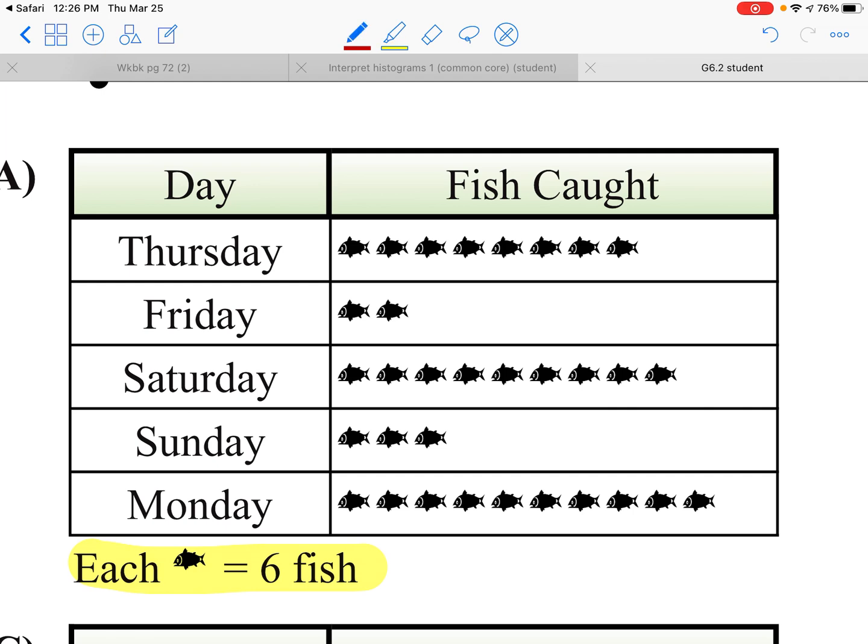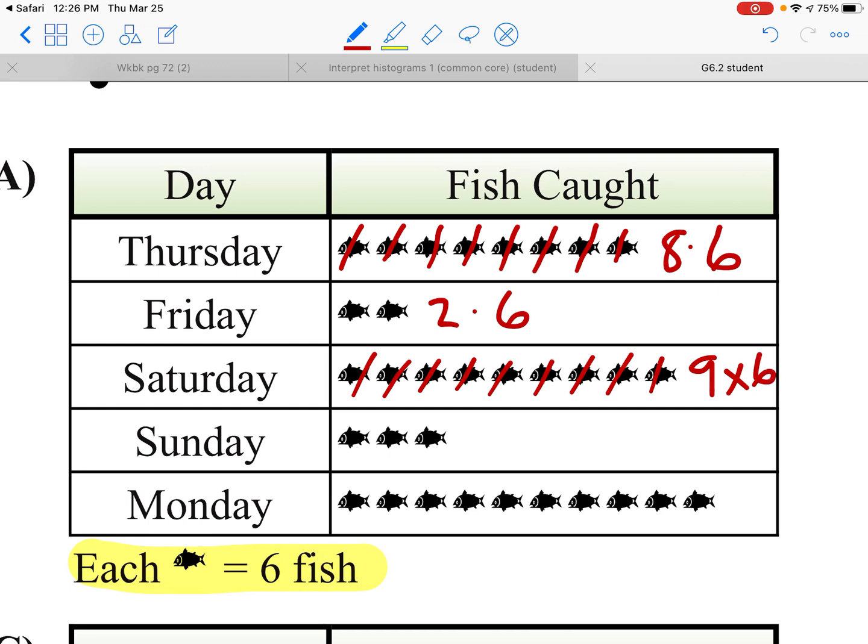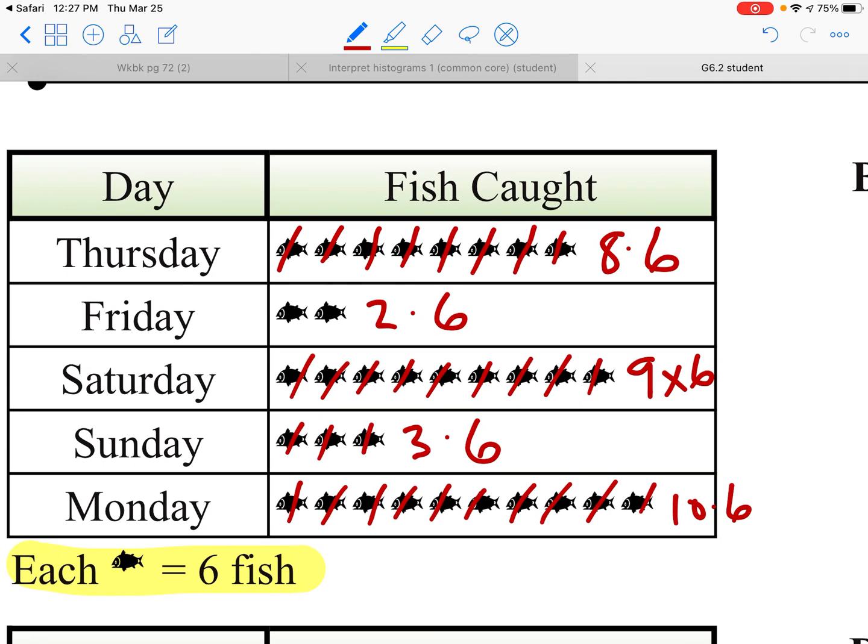So I come in here a little bit closer, and if I count the fish, 1, 2, 3, 4, 5, 6, 7, 8. 8 times 6. 2 times 6. 1, 2, 3, 4, 5, 6, 7, 8, 9. 9 times 6. 3 times 6. And 1, 2, 3, 4, 5, 6, 7, 8, 9, 10 times 6.